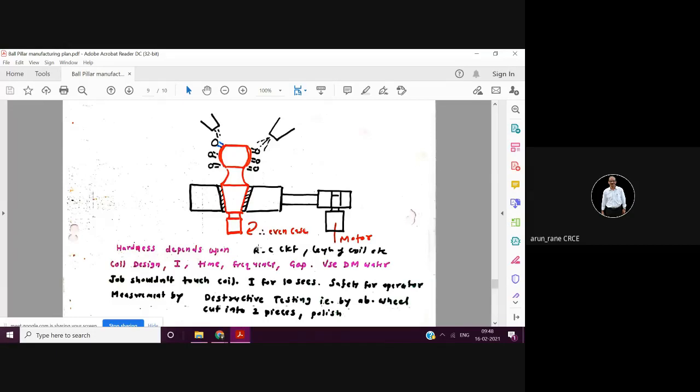Even if you consider 1000 pieces per day, a batch of 5000 pieces you can complete in 5 days, and then 5,000 into 12, so 60,000 pieces can be done annually by running this induction hardening machine 5 days in a month. This is how you calculate the production target or the lead time, and you take the decision whether you can deliver a batch of 5,000 pieces in 5 days or 6 days or not.